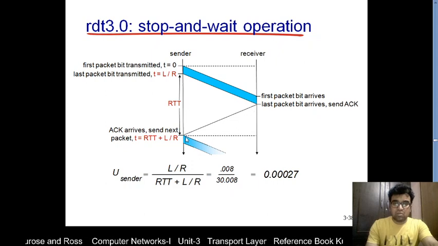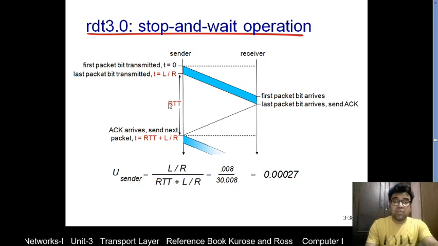So this much time is required by the receiving side to send the acknowledgement back to the sending side. So from this point to this point, this time is called RTT, which stands for round trip time. Round trip time means sender sends a packet to the receiver, and receiver sends back the acknowledgement to the sending side. That means a round trip is completed.